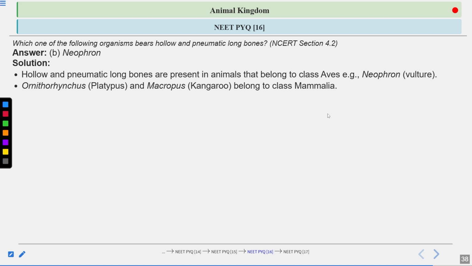They have a pouch in which they keep their young ones because the young ones are not very well developed at the time of birth. So they keep their young ones in their pouch, and that is why they are called marsupials, right? Ornithorhynchus, duckbill platypus, is an egg-laying mammal. So that is why I'm telling you again and again, knowing the scientific name is very, very important.